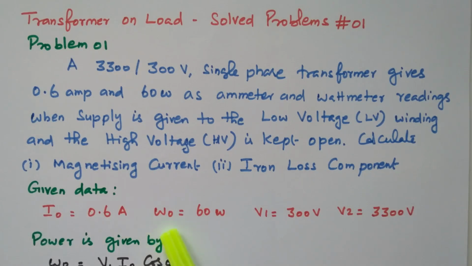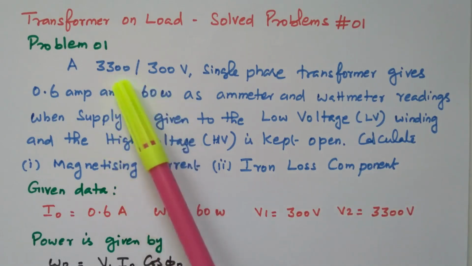W naught, the power taken by the primary winding under the no load condition, is 60 watts. Primary voltage is 300 and secondary voltage is 3300 volts. Here the voltage is applied to the low voltage side and the high voltage side is kept open, so 300 is taken as V1, 3300 is taken as V2.